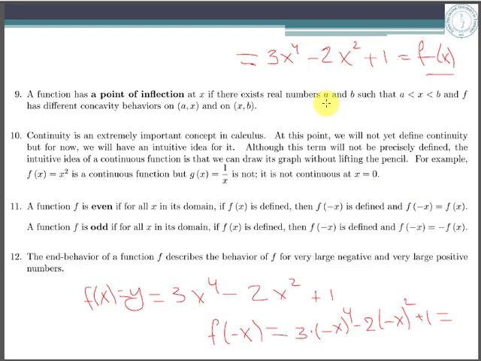Here is one remark: all even power functions are even functions. Similarly, all odd power functions are odd functions. If a function f is odd, then f(-x) equals -f(x).